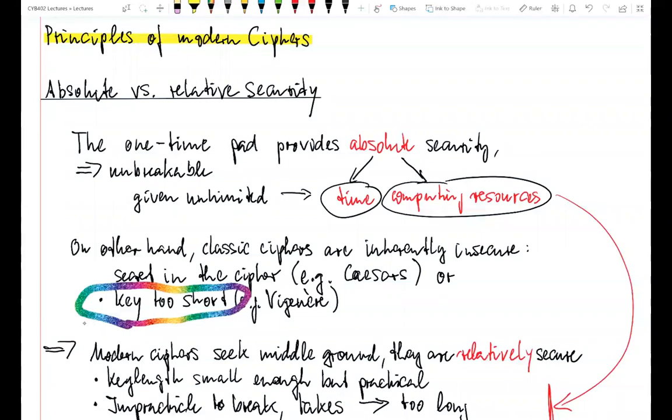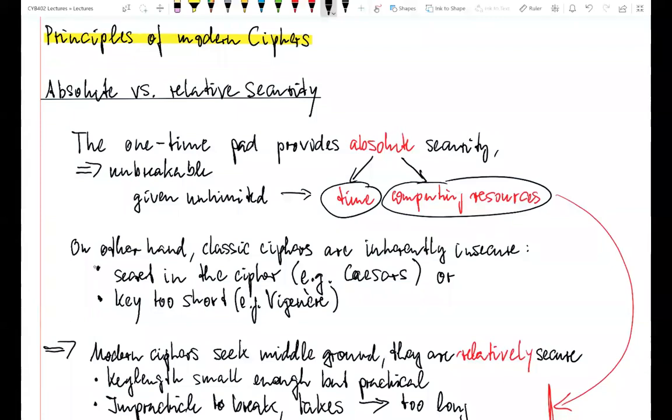If we, however, make the Vigenère key as long as the plain text, we actually have an absolute cipher, but in reality we don't.